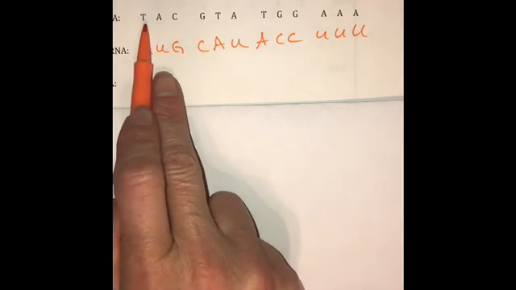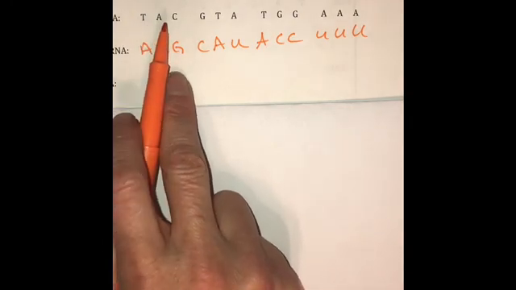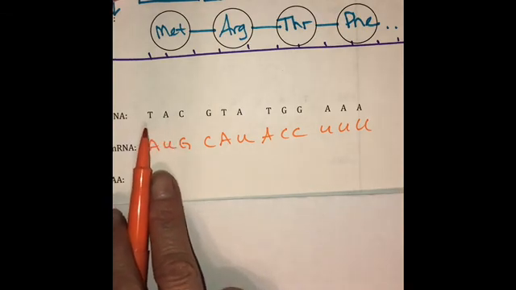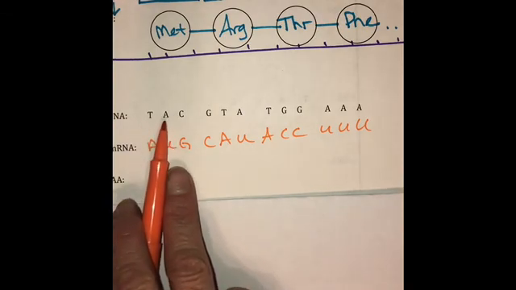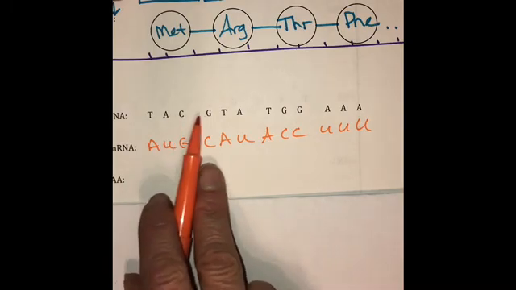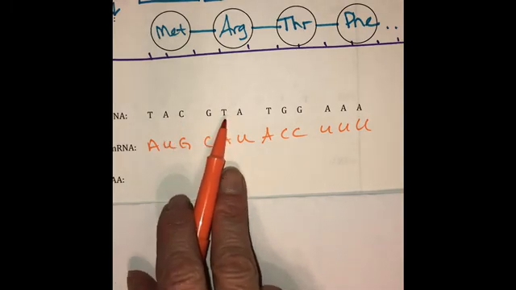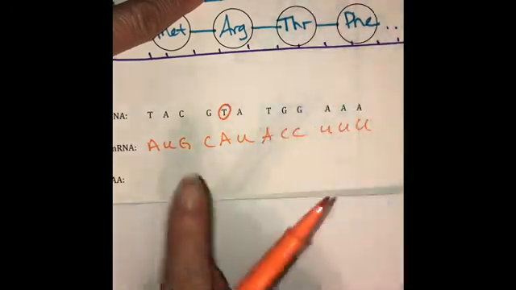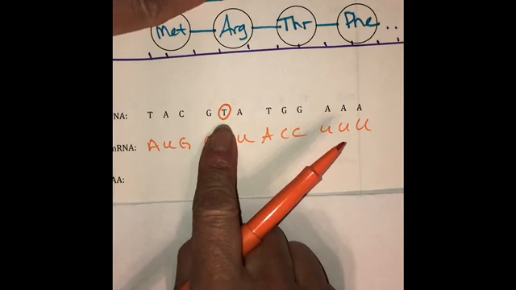If I go from one base to the next, comparing my original to my mutation, one base to the next. It looks like we have a change in our DNA here in the second codon.